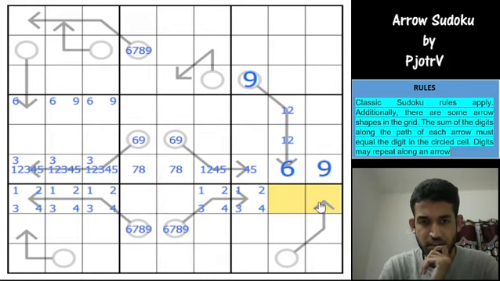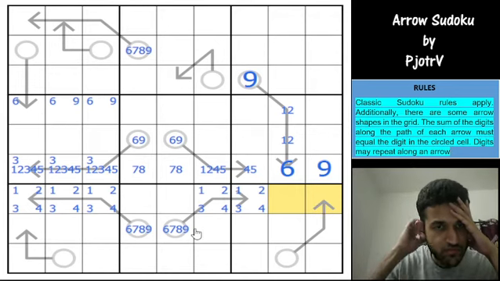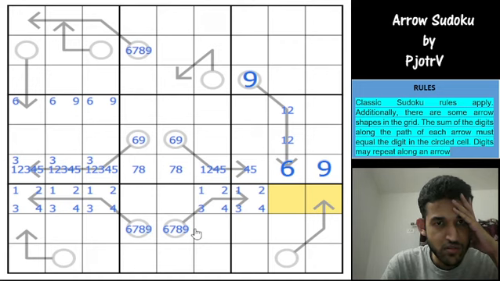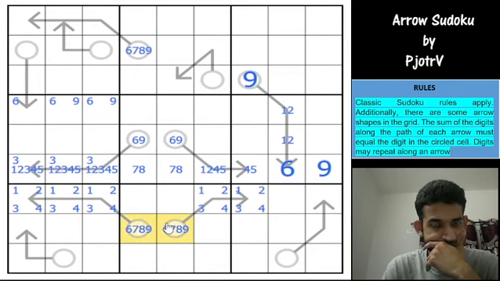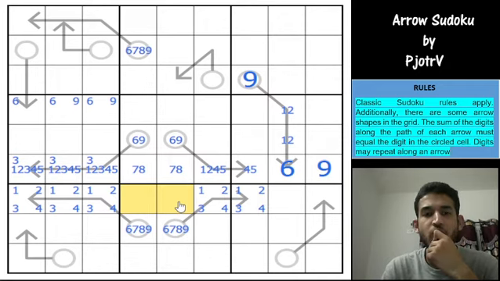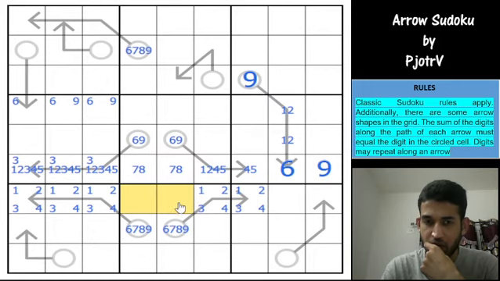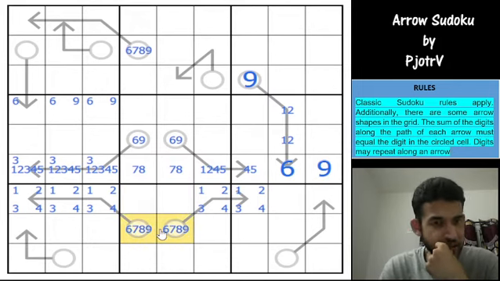Am I missing a contradiction here? Oh, okay. This can't be 7 and 8, guys.